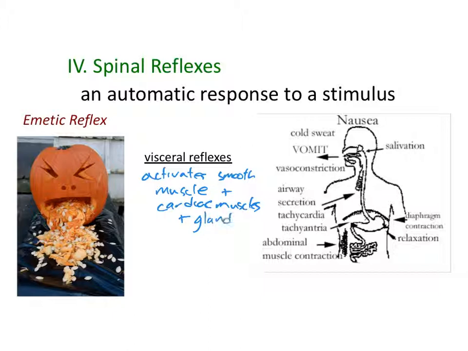The response in this picture is showing the emetic reflex, which is vomiting. I'm not going to ask you about the detail of this, but just know this is actually a very complex system that has a lot of different levels of control and a lot of different activities. There's an entire division of the Society for Neuroscience dedicated to understanding how we control our emetic reflex.